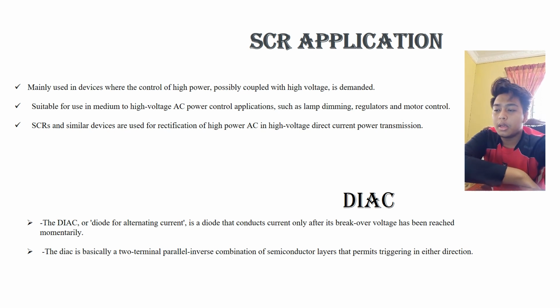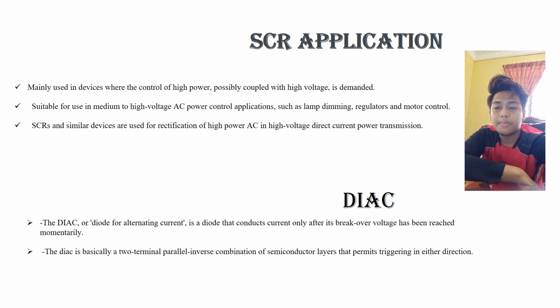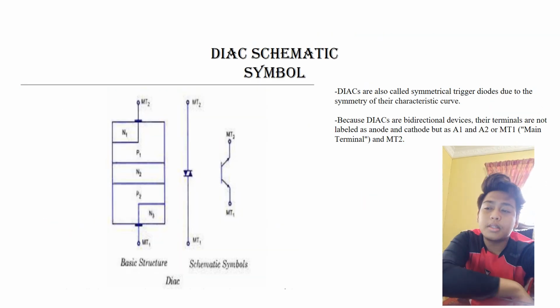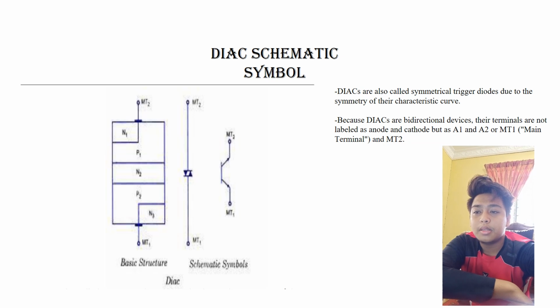DIAC. The DIAC, or diode for alternating current, is a diode that conducts current only after its breakover voltage has been reached momentarily. The DIAC is basically a two-terminal parallel inverse combination of semiconductor layers that permit triggering in either direction. This is the DIAC schematic symbol.